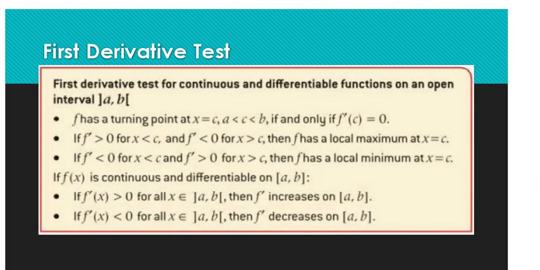We can use the first derivative test to find the extrema of the function, but we have to make sure that our functions are differentiable on an open interval a and b. So our function has a turning point at x equals c, where a is less than c, c is less than b, if and only if our first derivative is equal to 0.